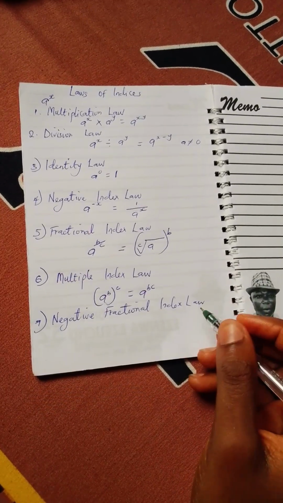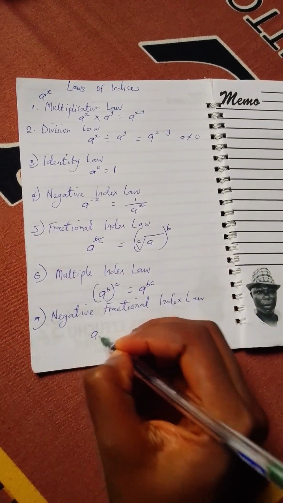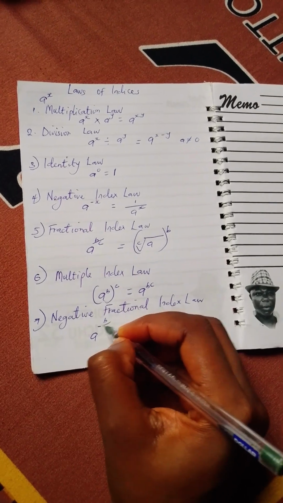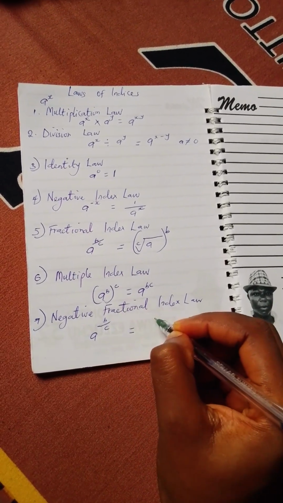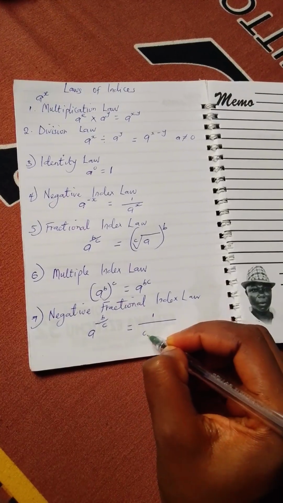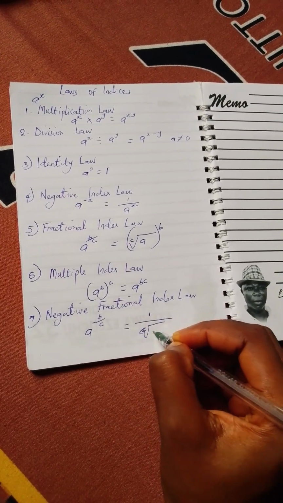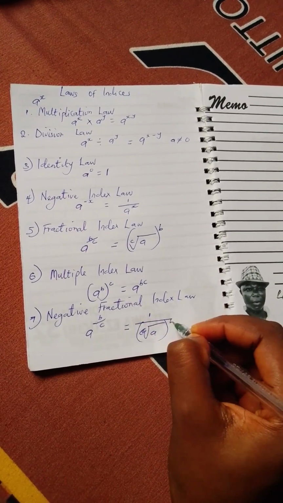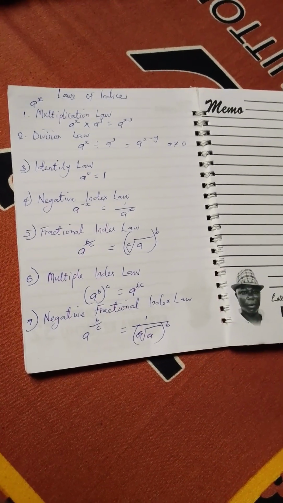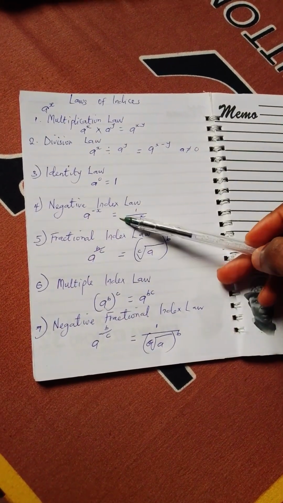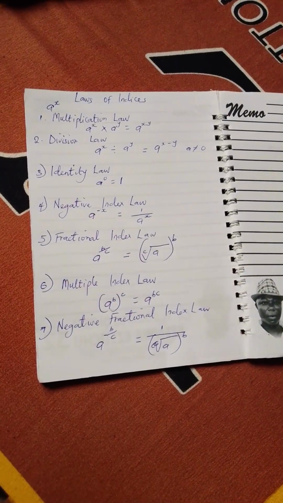What this law is simply stating is that a raised to power minus b over c is equal to 1 over c root of a raised to power b. So if you look, this is simply a combination of the negative index law and the fractional index law.